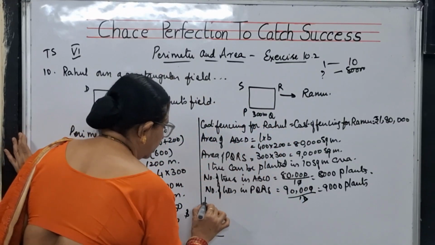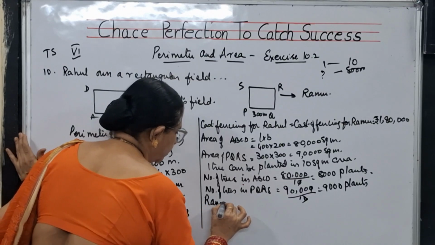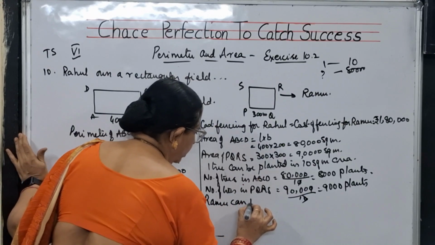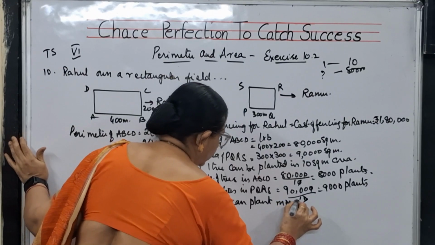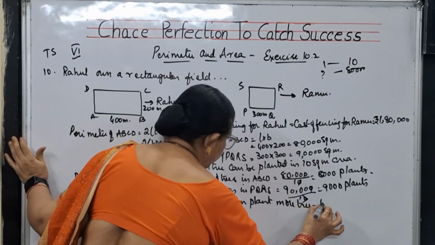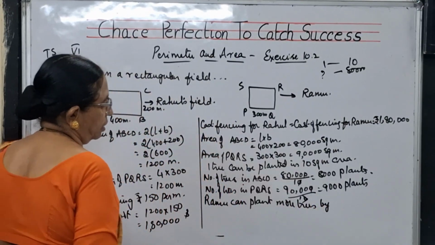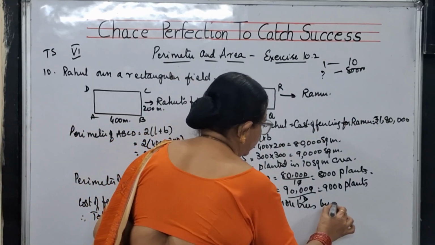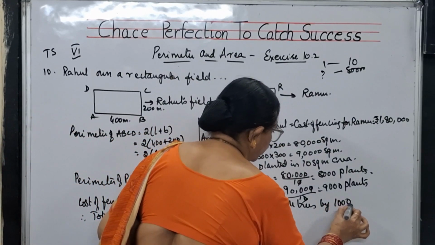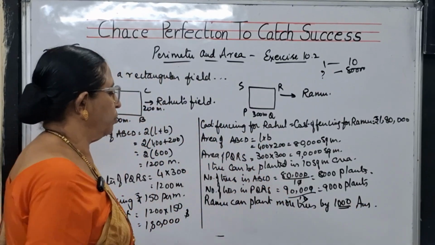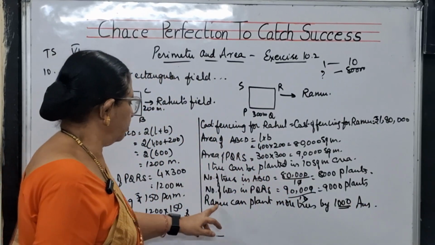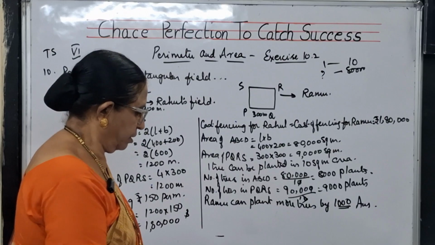PQRS, that is Ramu can plant more trees by how many? 9,000 minus 8,000 is 1,000. 1,000 trees can be extra more there he can plant.